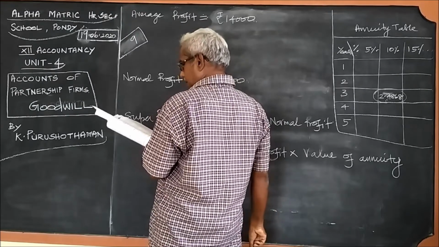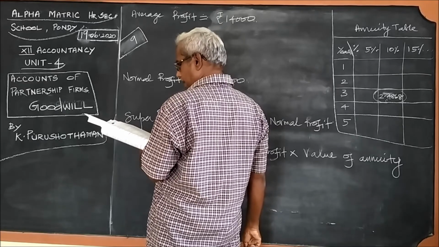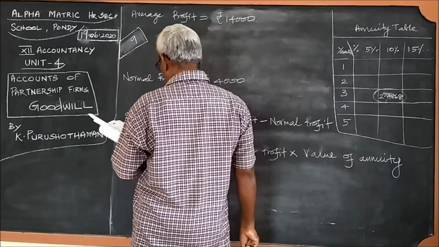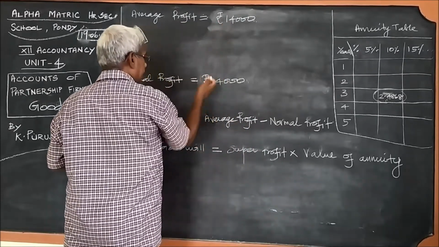And normal rate of return 15%, years of purchase 5, it is given. Now we can find easily because these items are readily given.